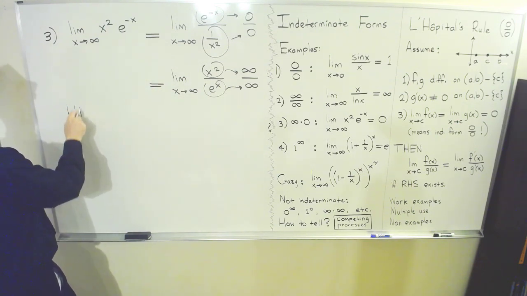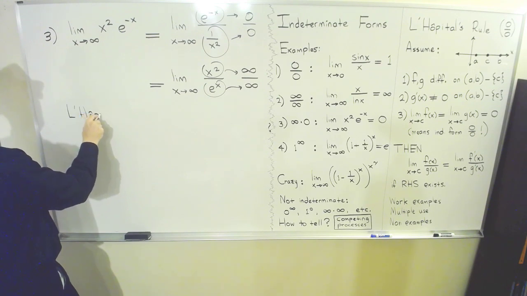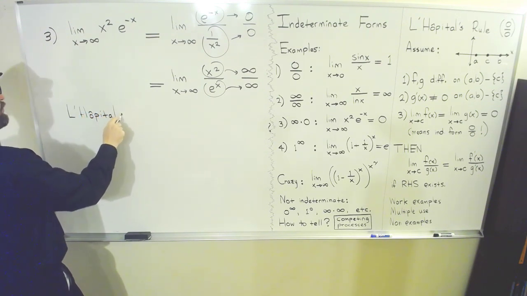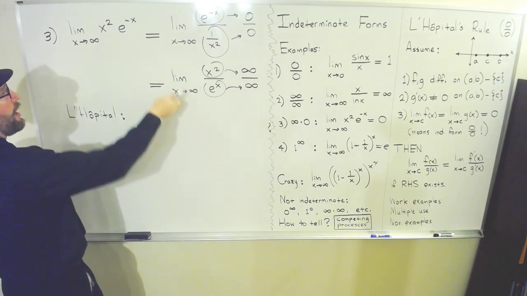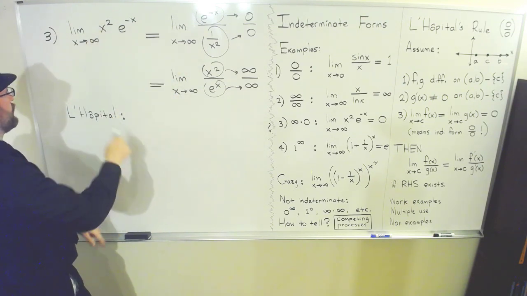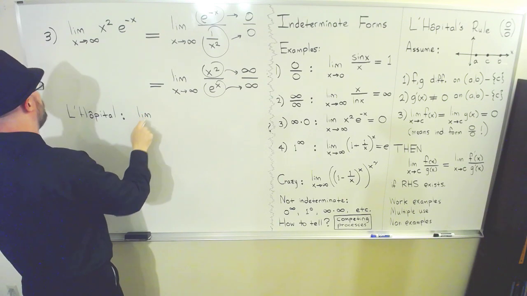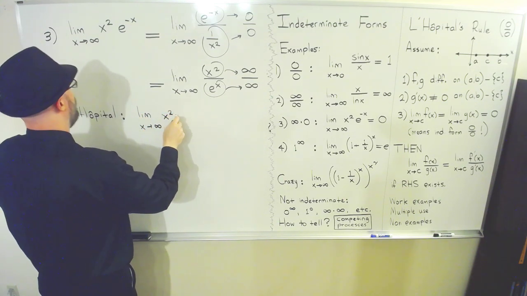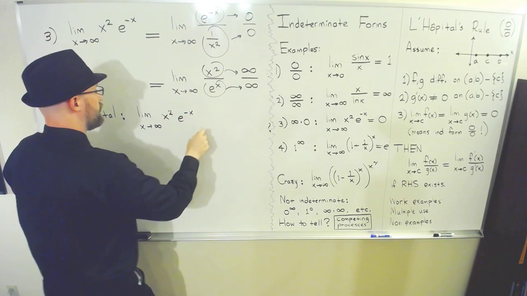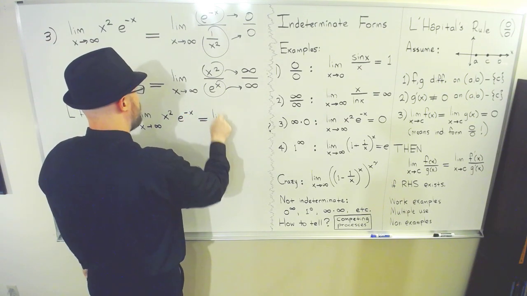So what L'Hopital's rule would say then, so I'll just say apply L'Hopital here. I'm going to leave this here, and there's room, so I'll just copy the whole thing. I'll just take an extra second longer. The limit as x goes to infinity of x squared e to the minus x. First I rewrite the limit this way.